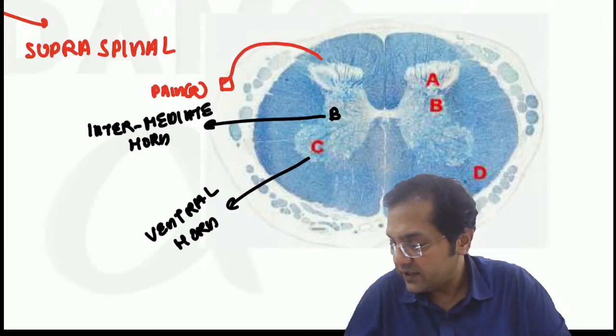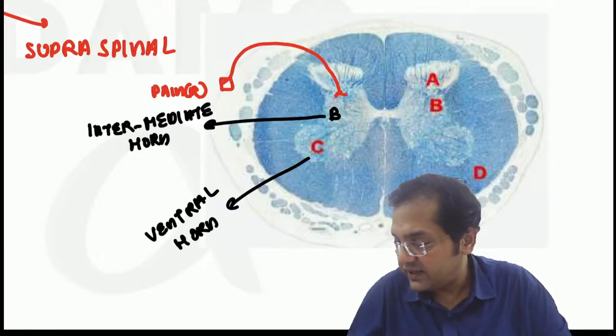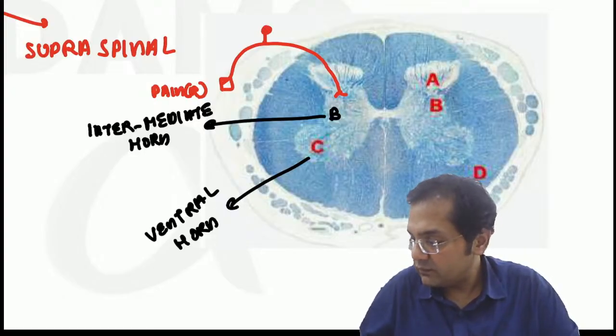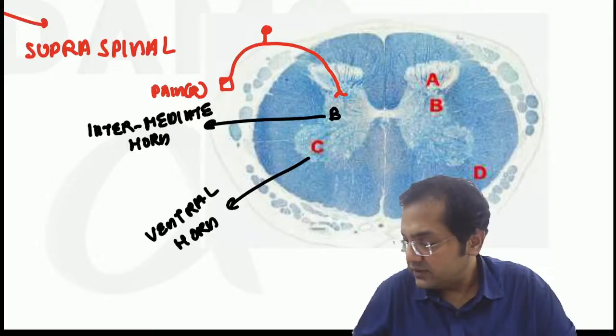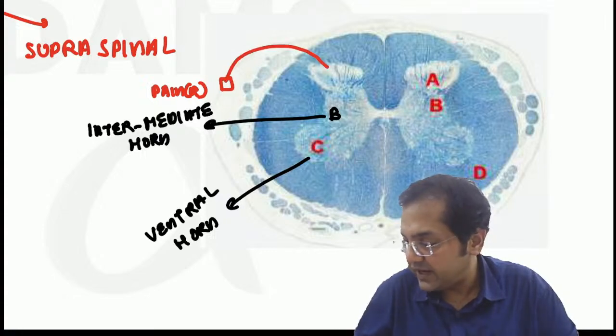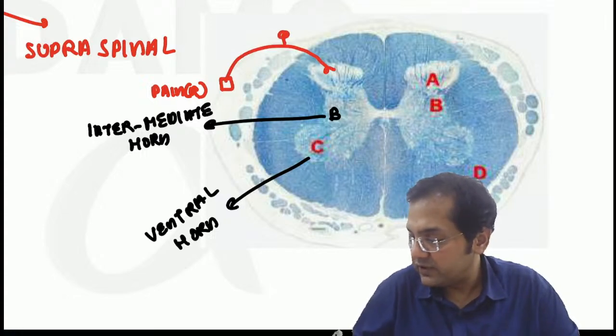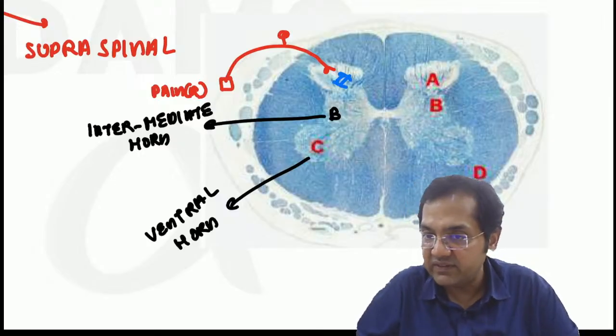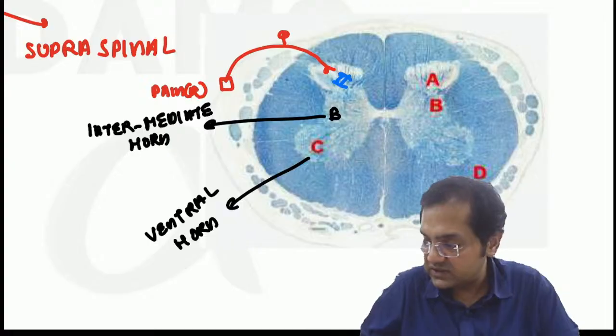Please see this. Pain fibers enter the dorsal horn. This is the dorsal horn. The pain fiber enters the dorsal horn. Lamina 2. Where is lamina 2 present, which releases enkephalins? Substantia gelatinosa.